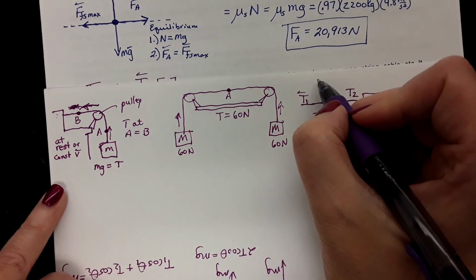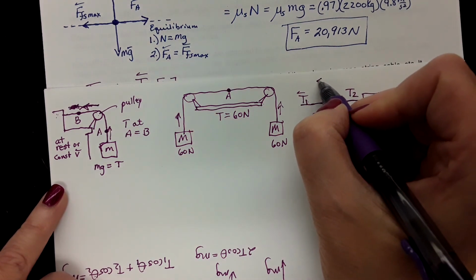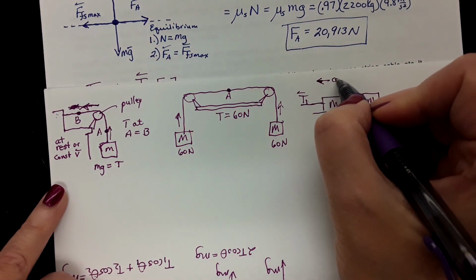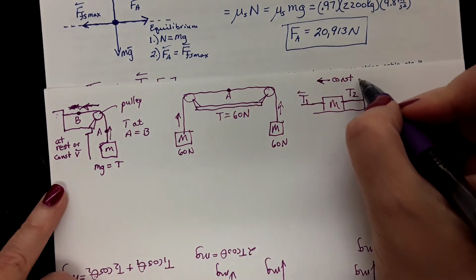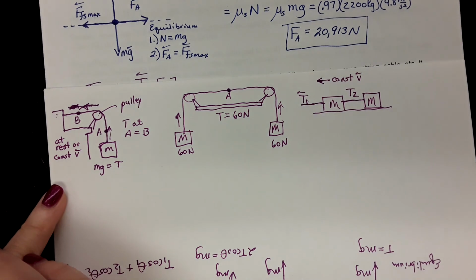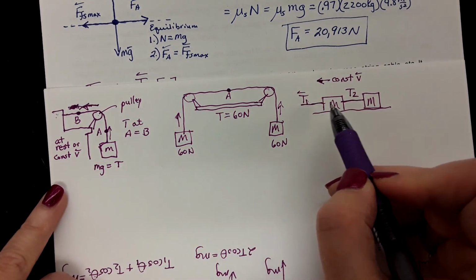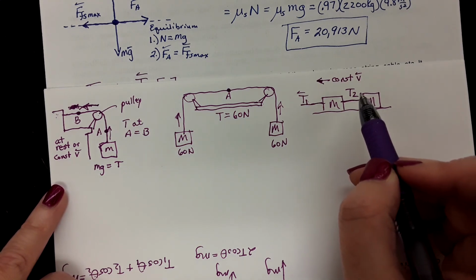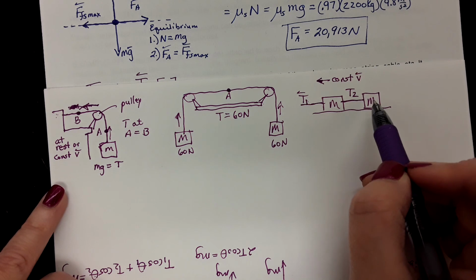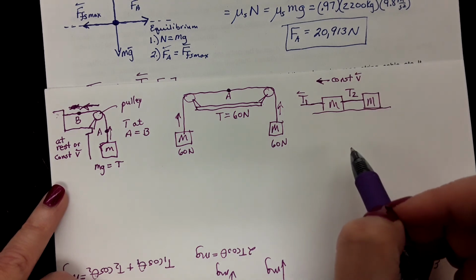Well, if the system is moving to the right or to the left at constant velocity, what do you think is going to happen? Well, think about it. This tension has to pull two masses, not one. This tension has to only pull one mass. All right?